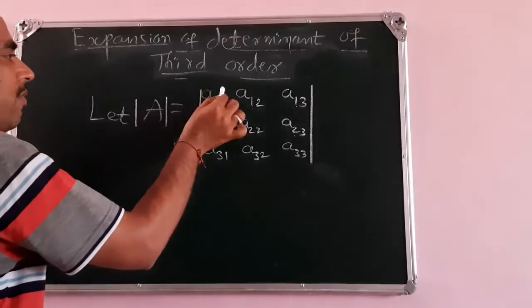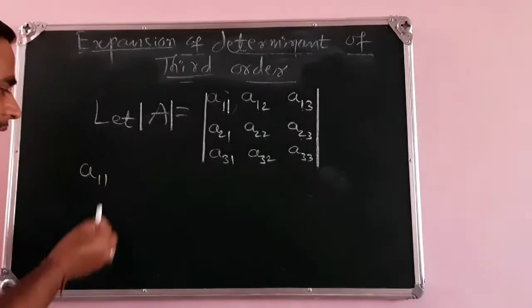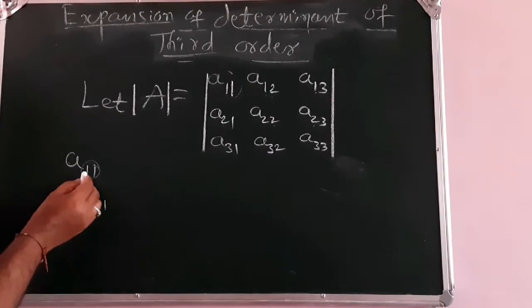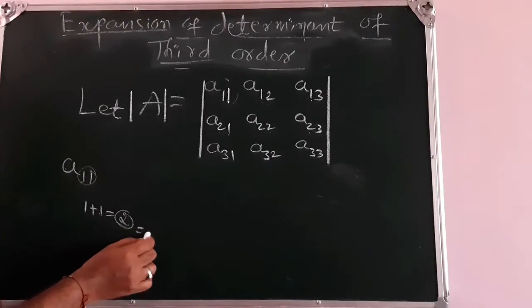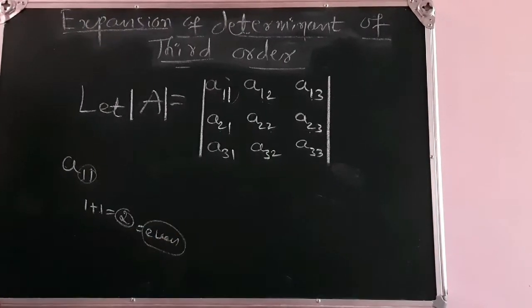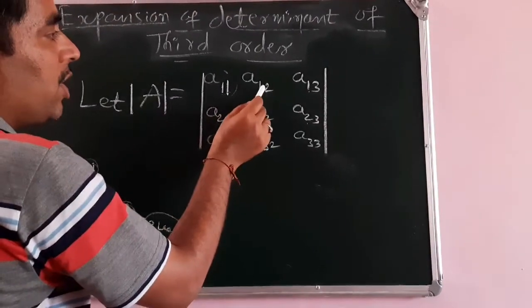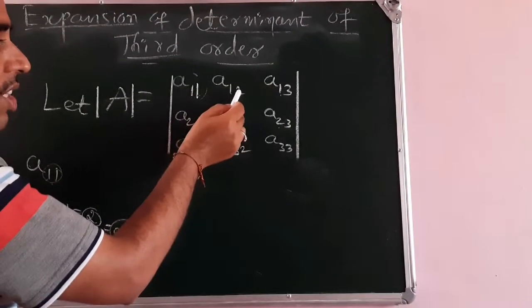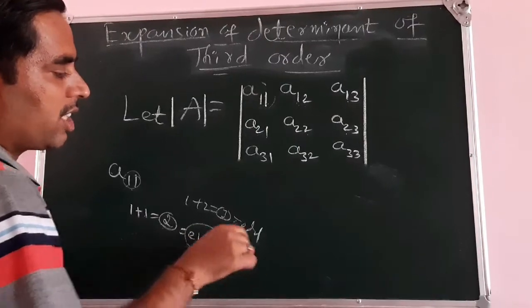See here, the first element. What is the first element? A11. Observe here, the suffixes are 1 and 1. If I add them, 1 plus 1, that gives me 2, which is even. So 1 plus 1 is even. Then A12, the first row, second element: 1 plus 2 gives 3, which is odd.